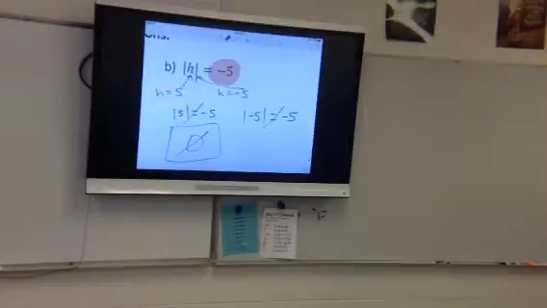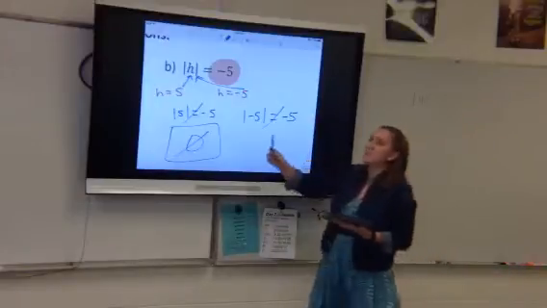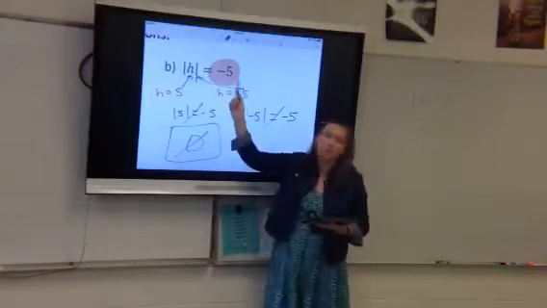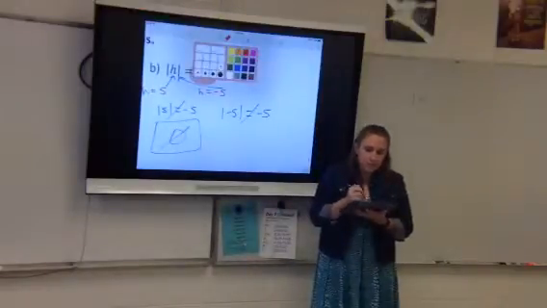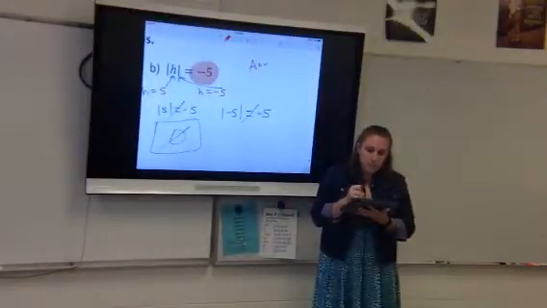So anytime it's an absolute value that equals a negative number, anytime you have an absolute value equal to a negative, that's a no solution. So let's write that off to the side.